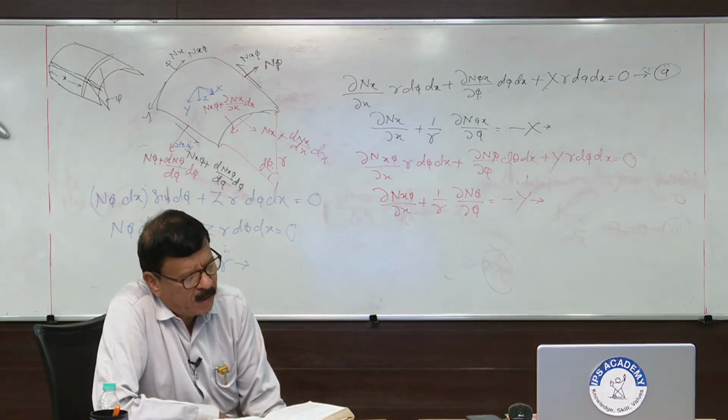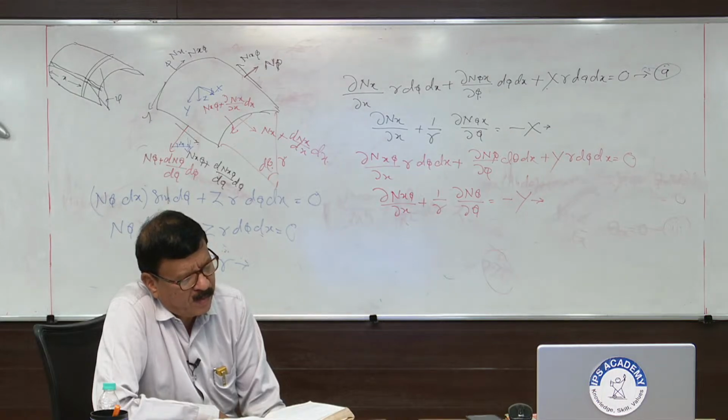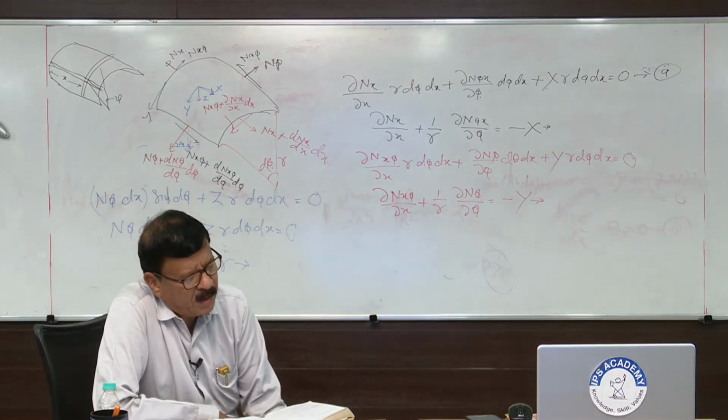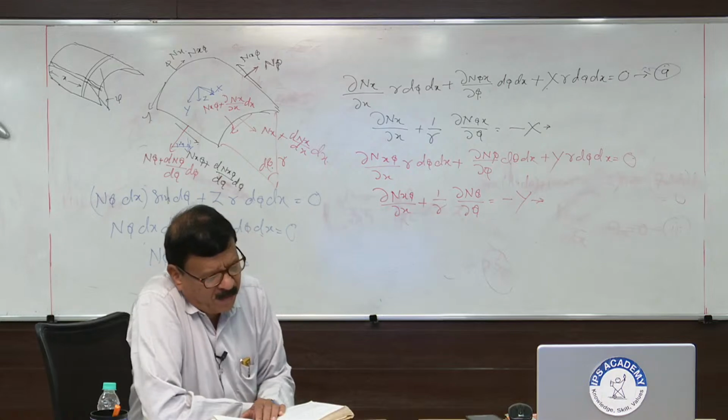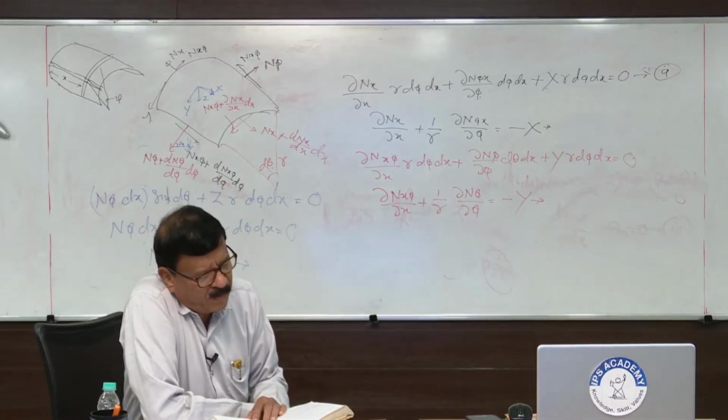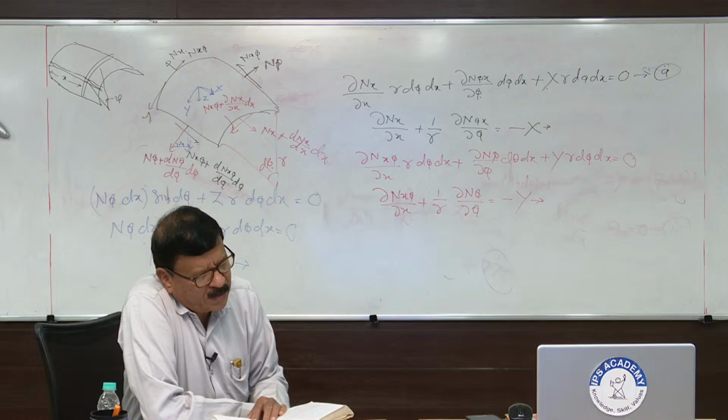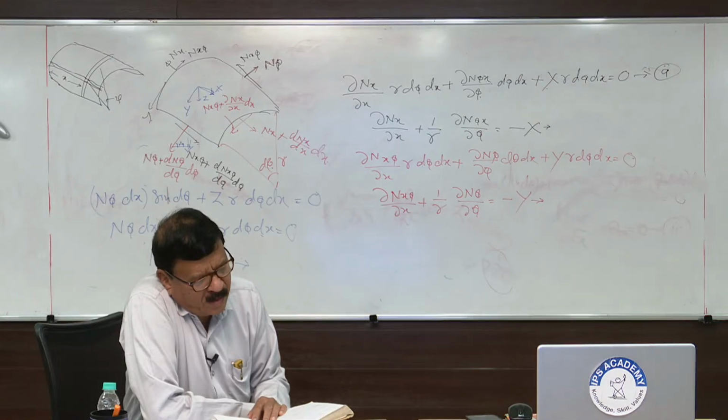In each particular case, we readily find the value of n phi. Substituting this value in the second of the equations, we then obtain n x phi by integration.